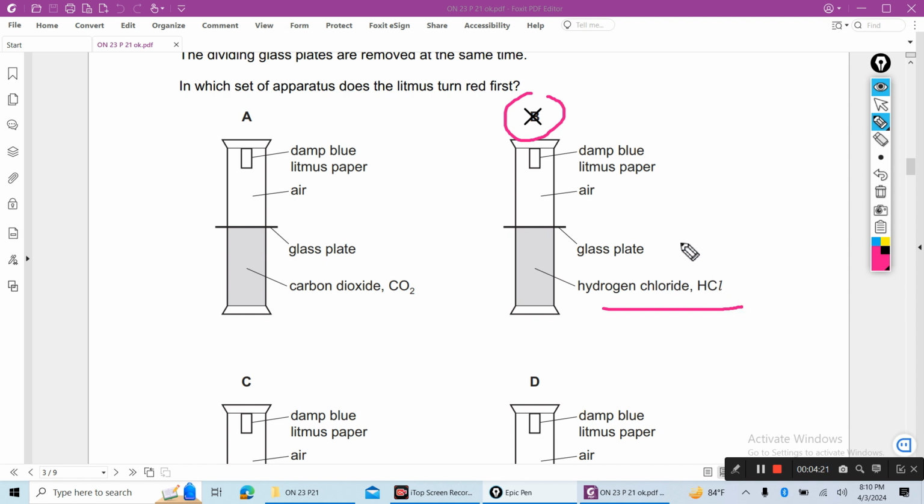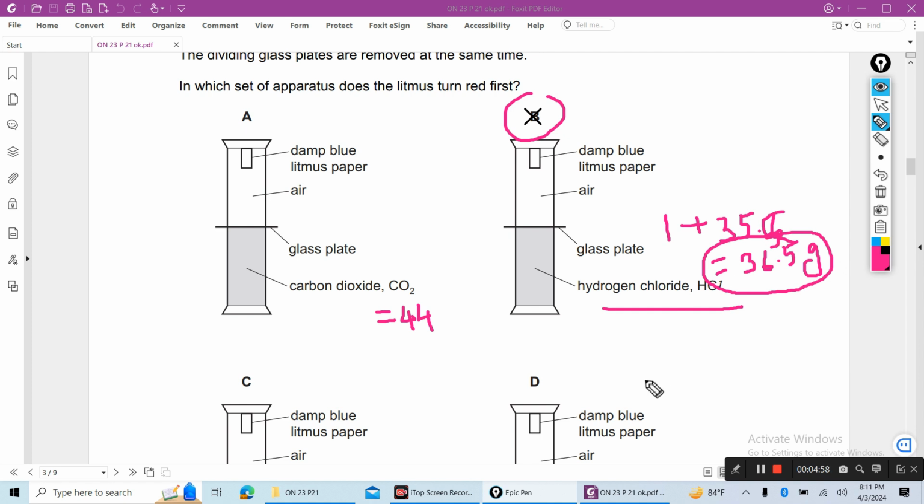Why? HCl mass is 1 plus 35.5, mass is 36.5 gram, and carbon dioxide mass is 44 gram, so hydrogen chloride gas has less molecular mass, so it will diffuse faster, it will move faster.